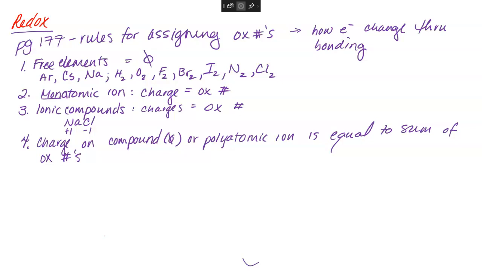So the charge on a compound, which should be 0, or a polyatomic ion, which actually does have a charge, is equal to the sum of the oxidation numbers in that compound or polyatomic ion.